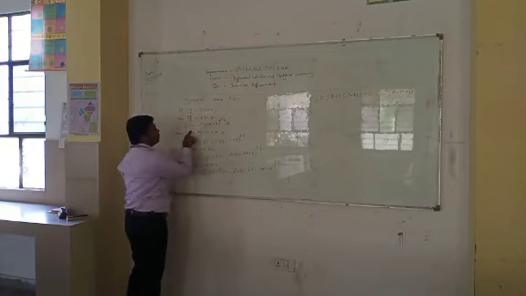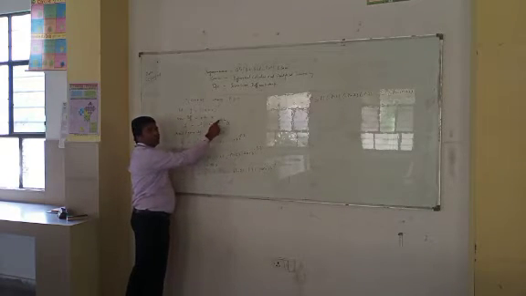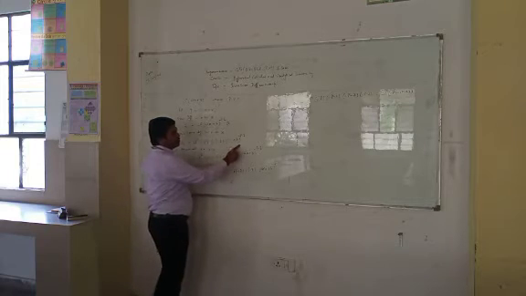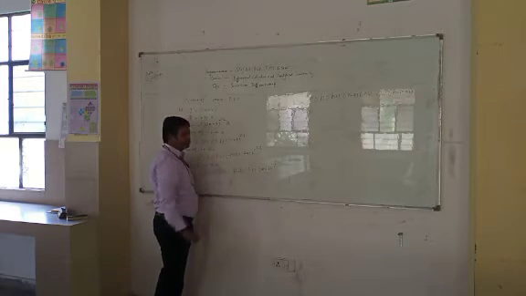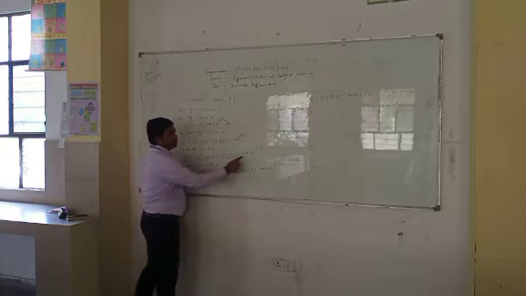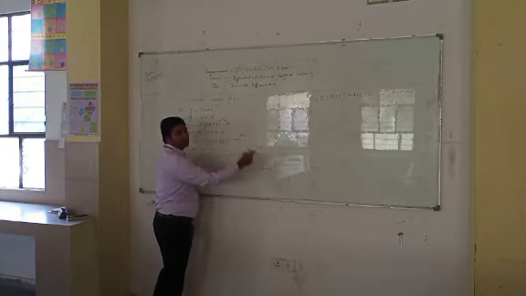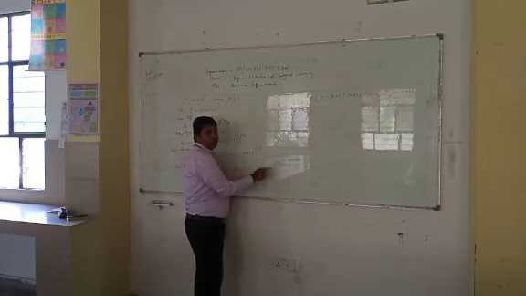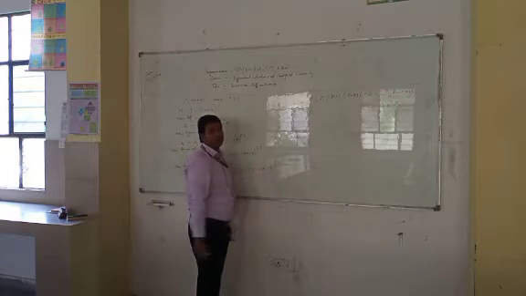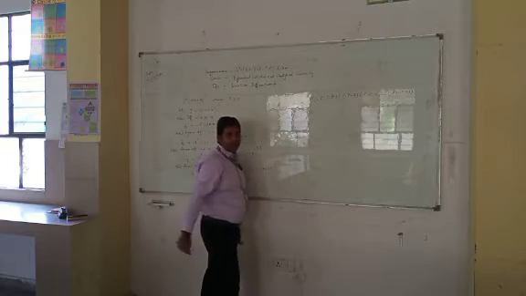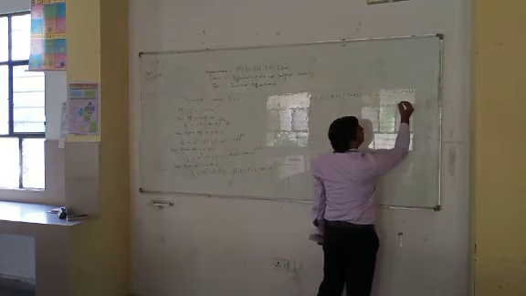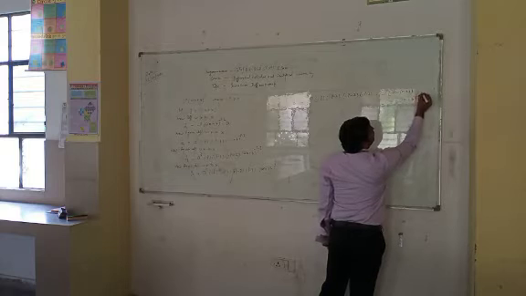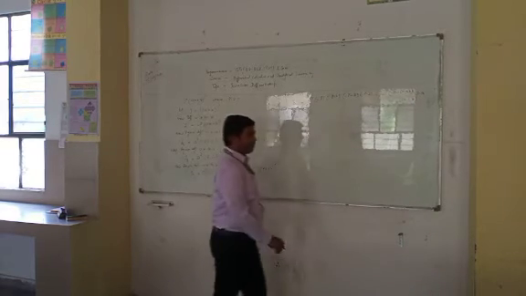now y1 is ax plus b to the power minus p minus 1, y2 is ax plus b to the power minus p minus 2, y3 is ax plus b to the power minus p minus 3, and y4 means ax plus b to the whole power minus p minus 4, so yn can be written as ax plus b to the power minus p minus n.